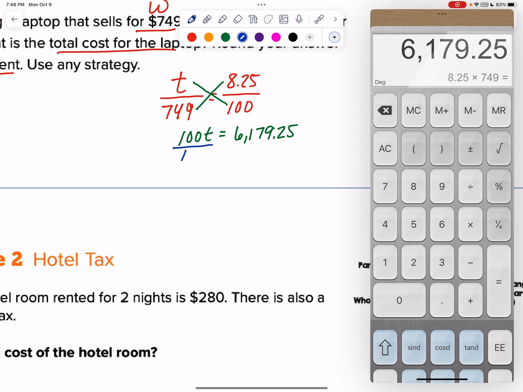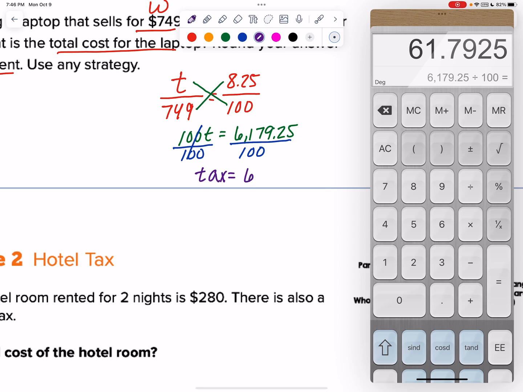So instead of t times 100, we divide by 100. And you can start to see a pattern for solving these. And we end up with the tax equals, let's go ahead and do our division here, 100. It's going to move the decimal point 2 spots to the left.